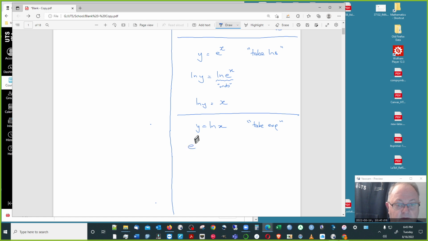We're going to raise both sides, e to the ln. And what do you recognise there? This is undo. So we managed to isolate the x.